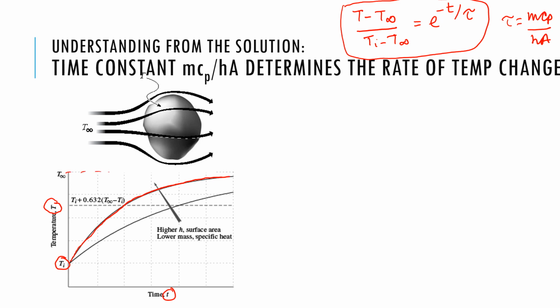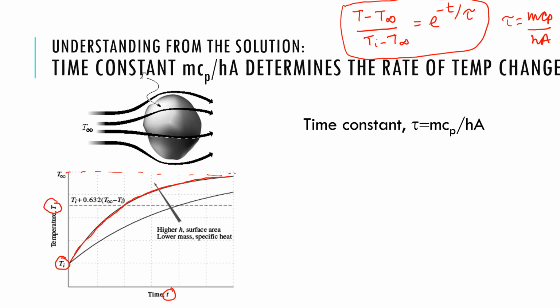It approaches T infinity, never really reaches T infinity. And let's look at the solution a little bit more. As I said, this mcp over hA is the time constant. And what is the meaning? Why is it called time constant?